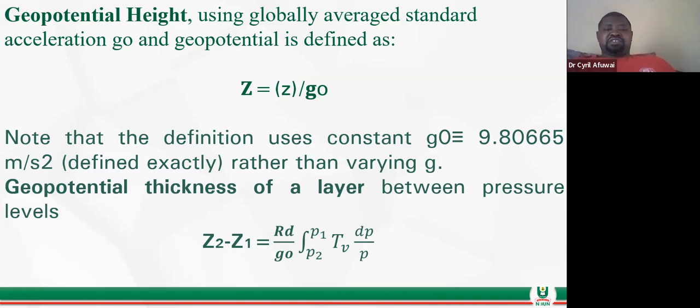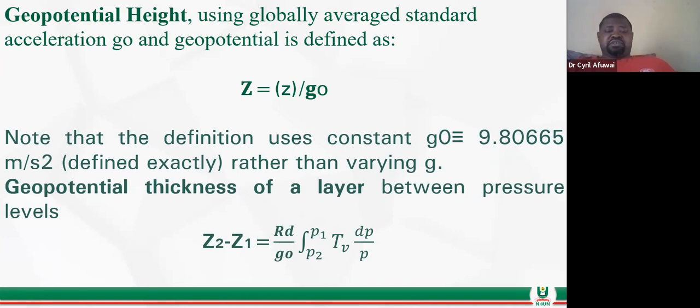Note that the definition uses constant G naught as the local gravity, which is equivalent to 9.8 meters per second squared, defined exactly rather than varying G. Okay. Then the geopotential thickness of a layer between pressure levels is given by the difference between Z1 and Z2, that is Z2 minus Z1, equals RD all over G naught, integral of P2 to P1, that's P1 to P2.